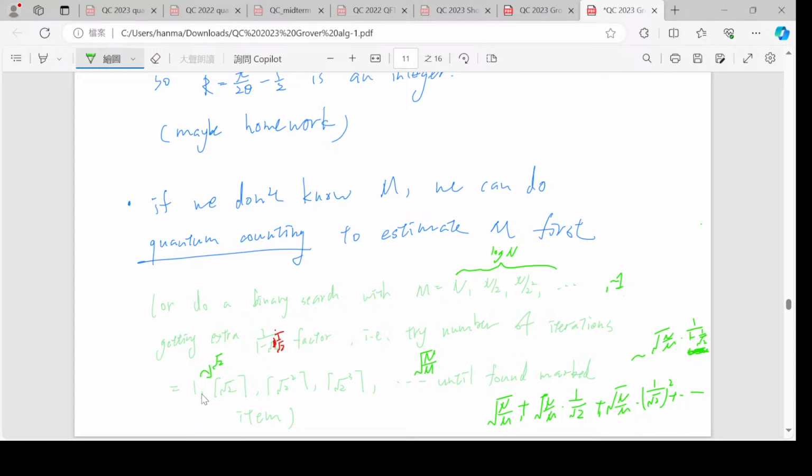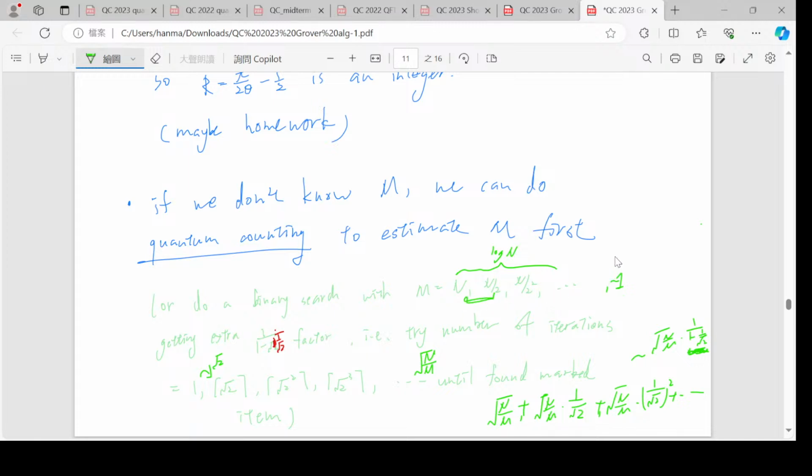Okay, and so we see that if we try all those n, then the number of queries doesn't change too much. And then we also need to say this estimate is good enough, and you can do the analysis. How good it is will depend on how big the threshold is.